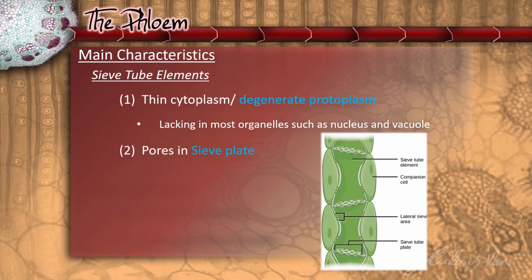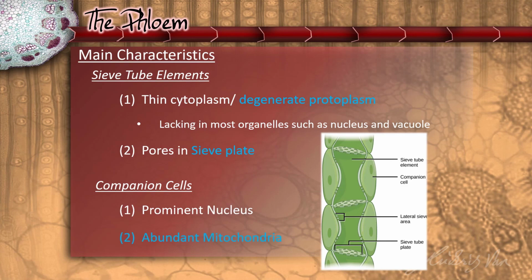There are pores called the sieve plates. Those pores are the remnants of the cells that were still alive. They actually have many holes so that the sap can flow through easily. Then there's also the companion cell. They have a nucleus as well as a lot of mitochondria.